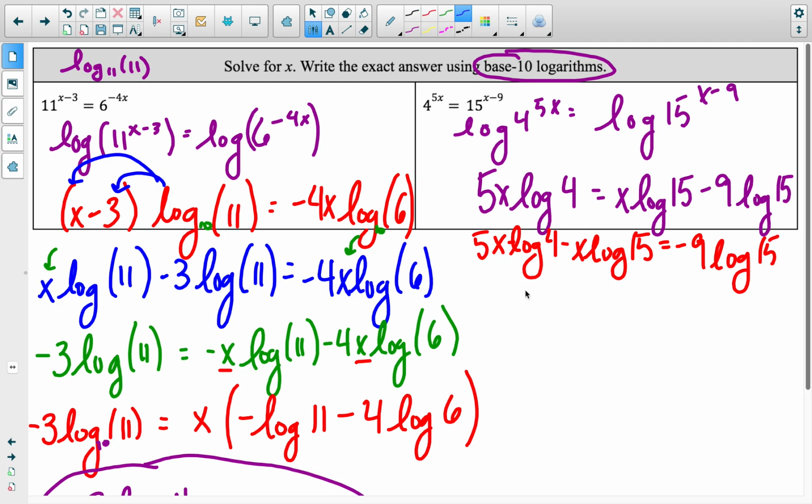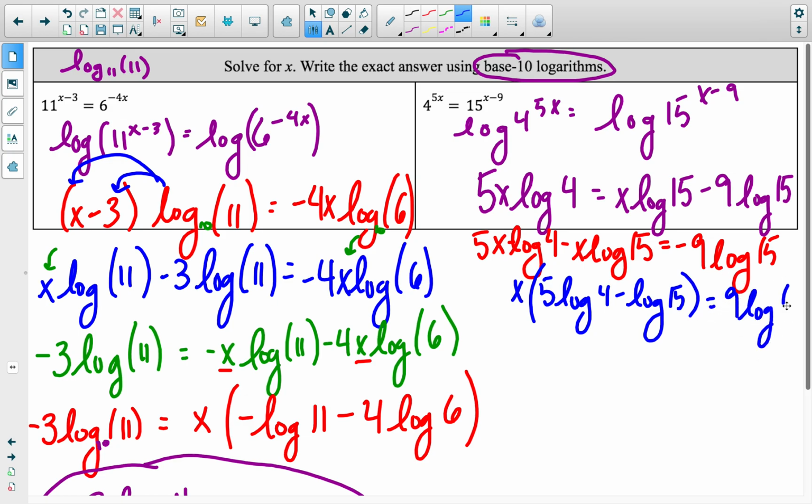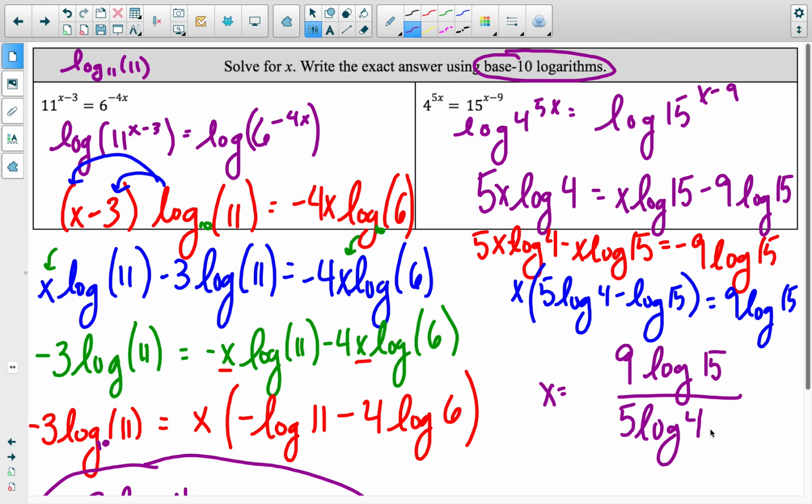Factor out your x. And then divide both sides by that number. So you end up with x equals 9 log 15 over 5 log 4 minus log 15.